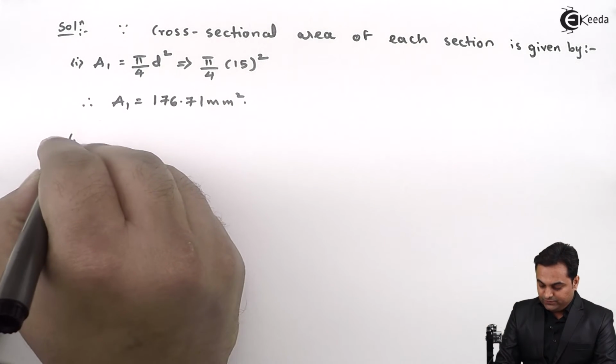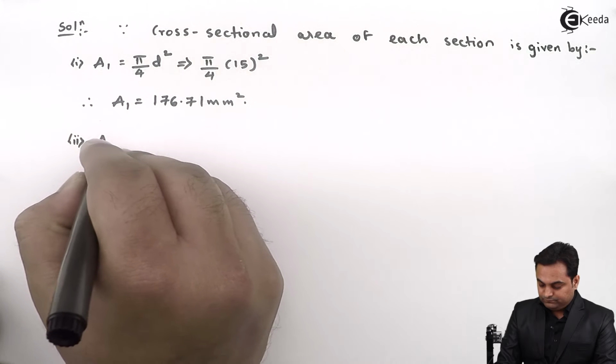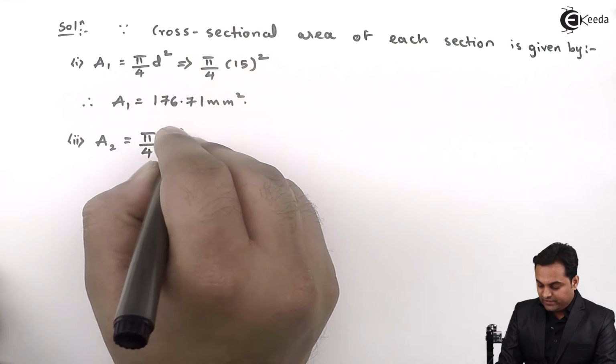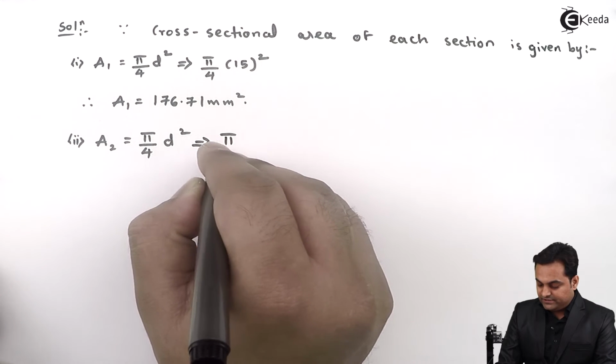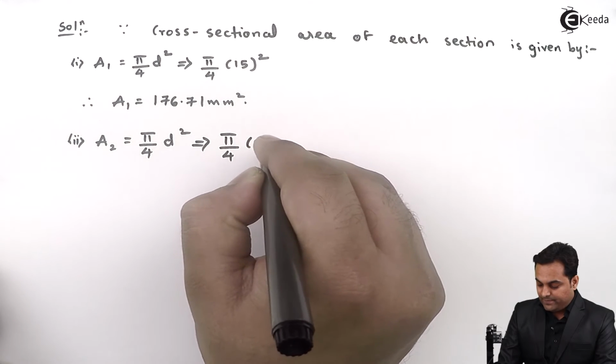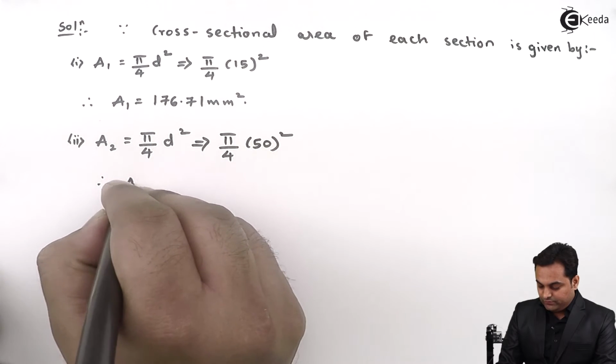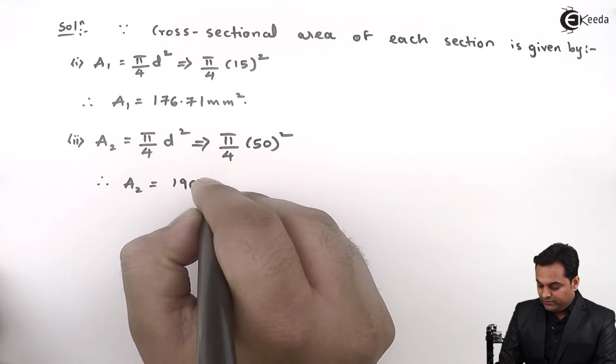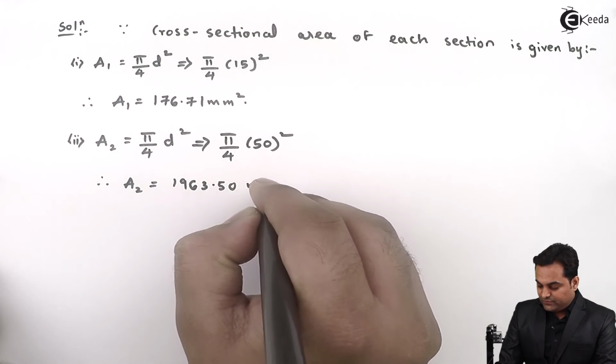Then area 2 is pi by 4 into d square again. Here the diameter is 50 mm. So area 2 comes out to be 1963.50 mm square.